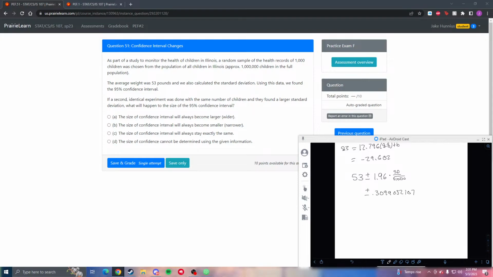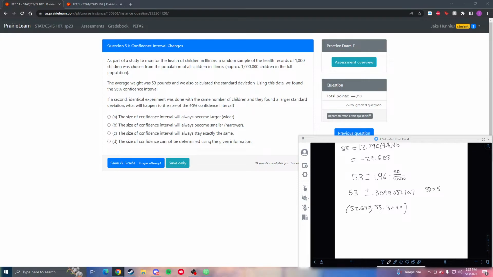Long number, I know. Then we can do 53 plus or minus that, so it's going to be 53.3099, and 53 minus that to get 52.690. So that's it for a standard deviation of 5.